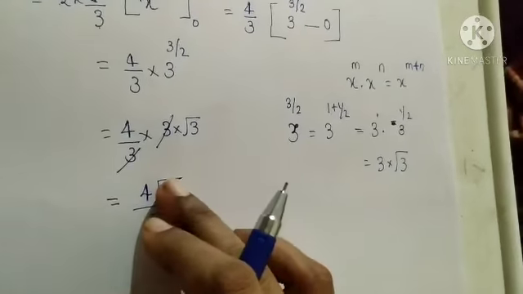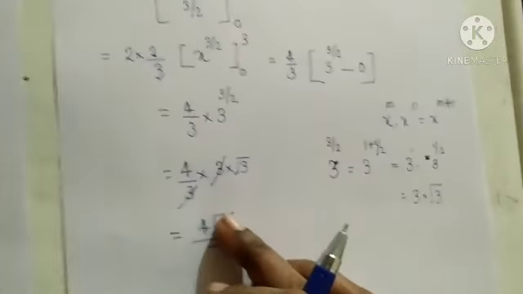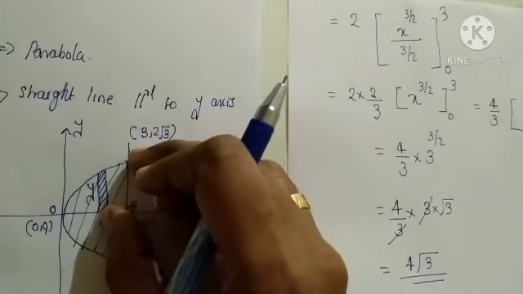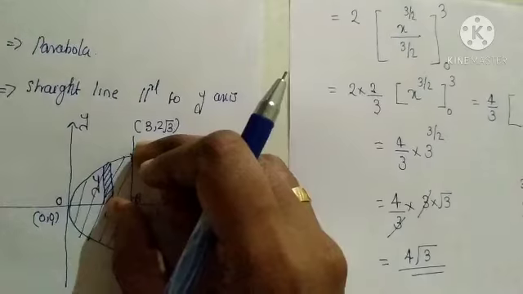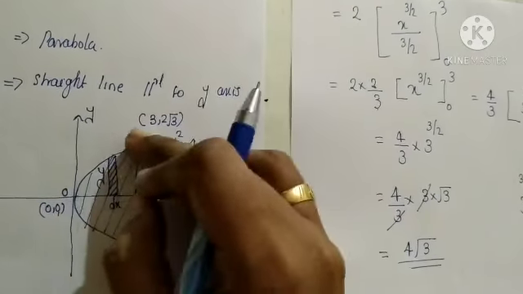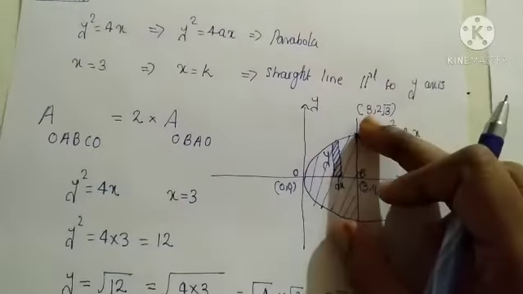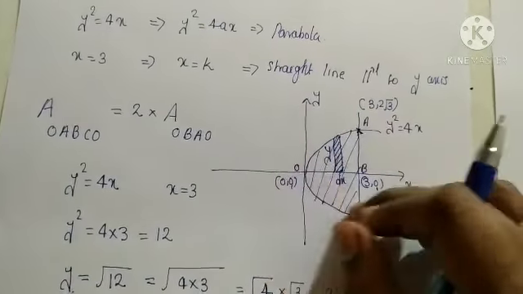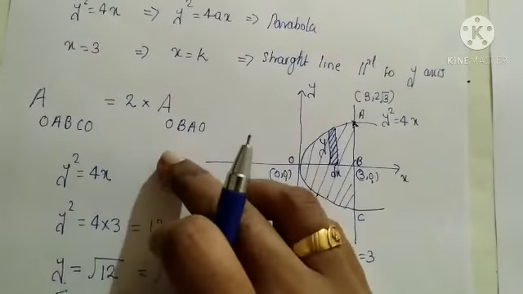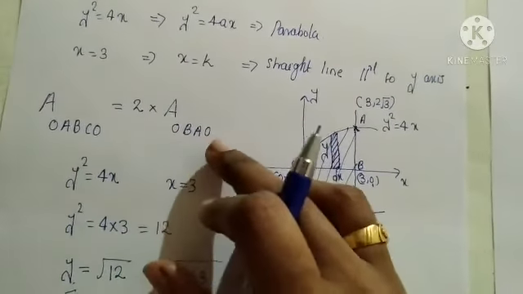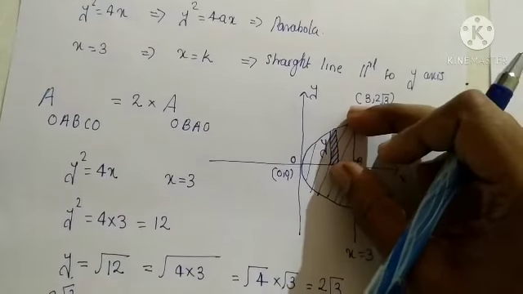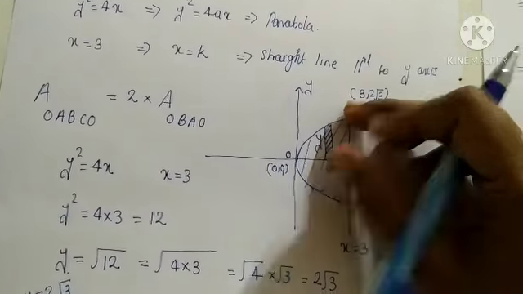So this is the area of this portion only. Our question is to find the whole area. So the area of the whole shaded region is equal to 2 into the area of OBAO, that is, this small area portion.